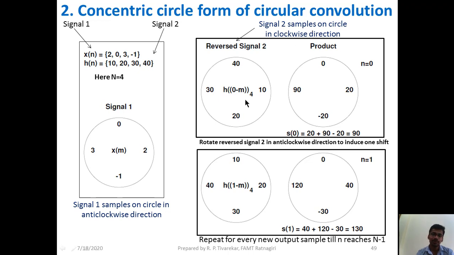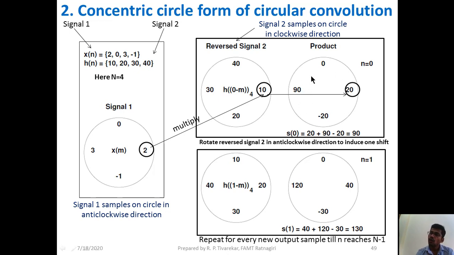Now what will I do? I will see individual locations, multiply those concurrent samples, and find the products. So I will multiply this 2 with 10 and get the product 20. Similarly 0 into 40 is 0, and the remaining 2 samples are also multiplied to get the final products.